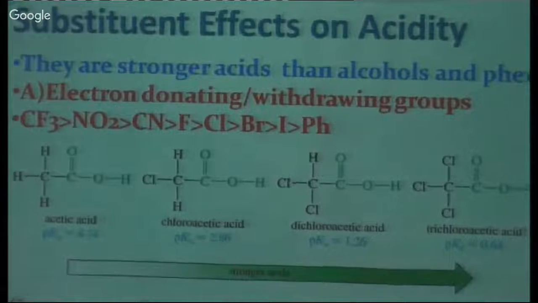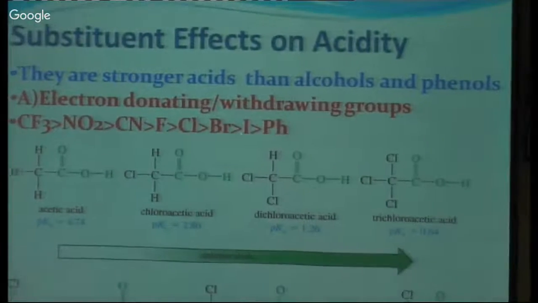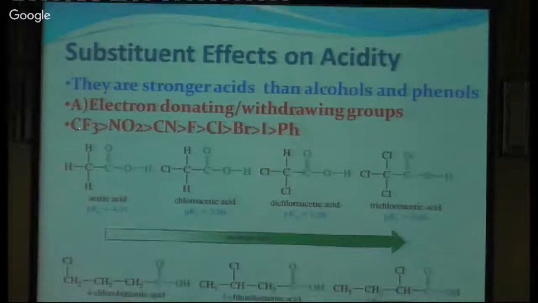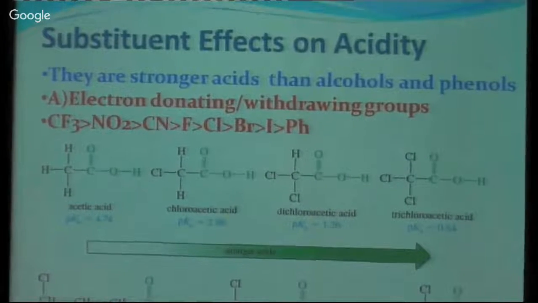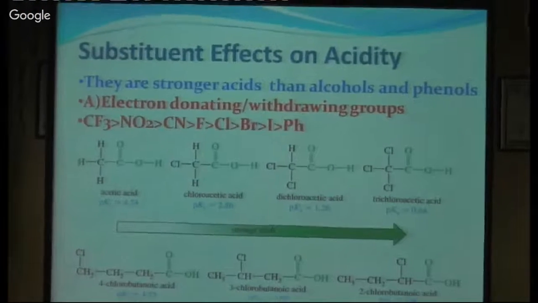Here, I have shown the order of withdrawal of electrons. So CF3 will be the strongest electron withdrawing group, followed by nitro, then cyanide, then fluoro, chloro, bromo, iodo, and phenyl. This is the order of withdrawal of electrons by inductive effect. Okay? So a stronger electron withdrawing group, because of those two reasons again, will increase the acidic character more, right?